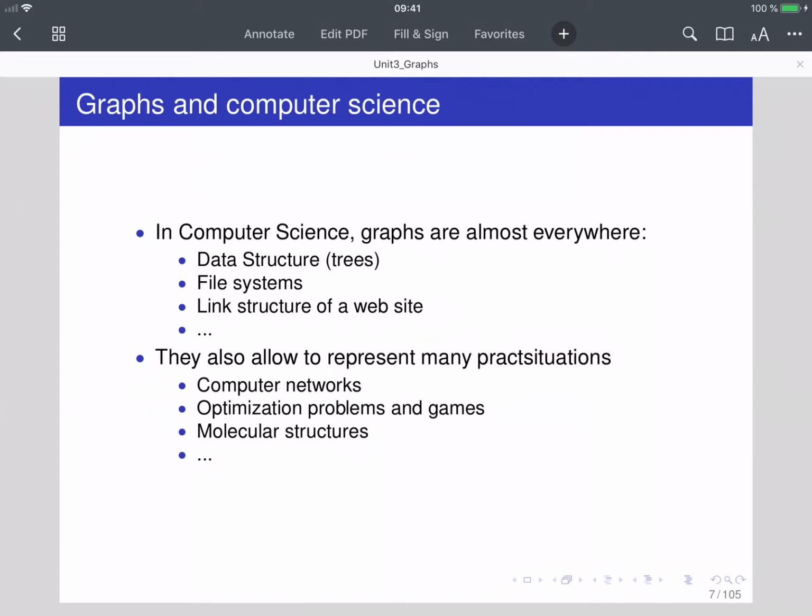Okay, you will find graphs almost everywhere in computer science, and also they can be used to represent many practical situations. For instance, as I have mentioned, when you have networks of computers, you have connections, so this can be studied with graphs.